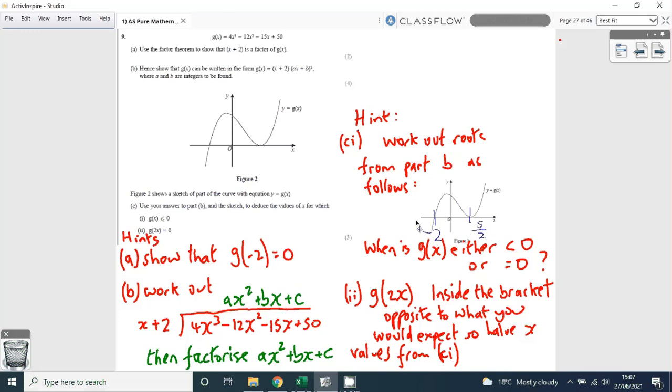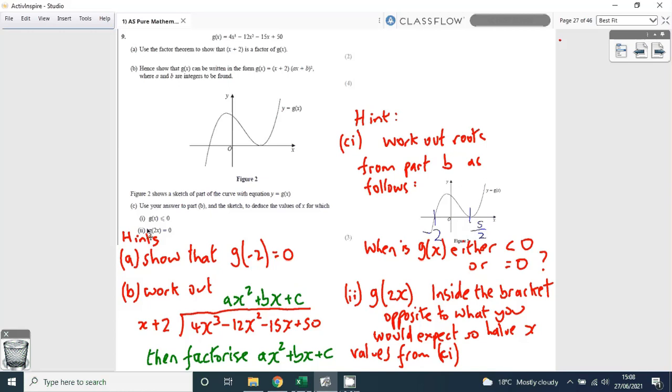Once you've got that, you're being asked to work out where it is less than or equal to 0. So either put down the specific points where it equals 0, or the range of points where it is less than 0. So two pieces to your answer for C part 1.